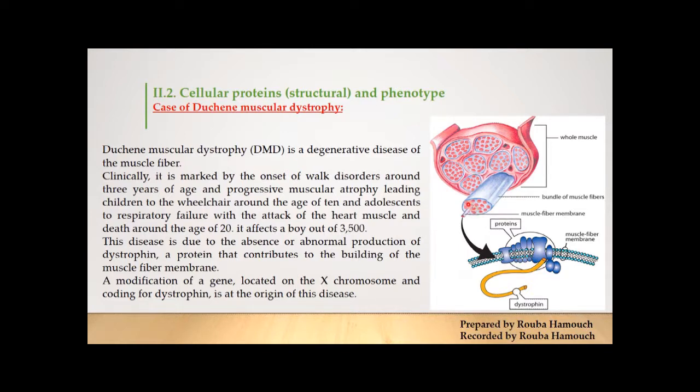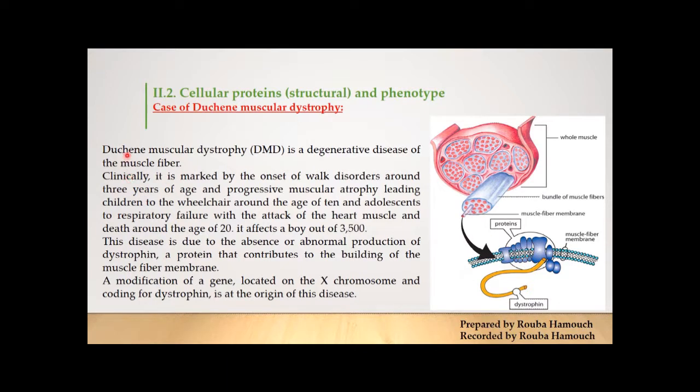Now, in the muscle cells or in the muscle fiber, we have a structural protein called dystrophin. Dystrophin is a structural protein that contributes to the building up of the muscle fiber membrane. So dystrophin contributes to the building of the muscle fiber membrane.